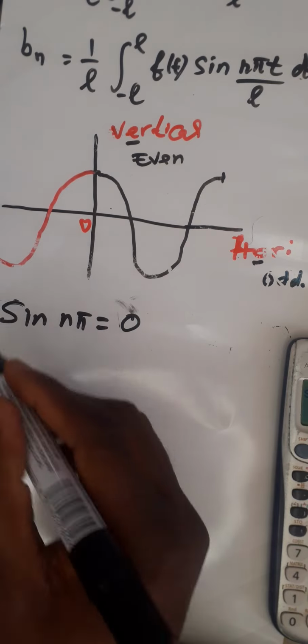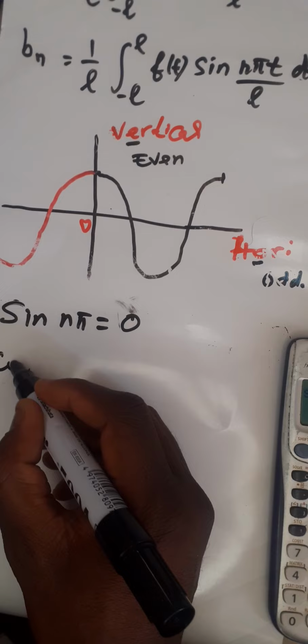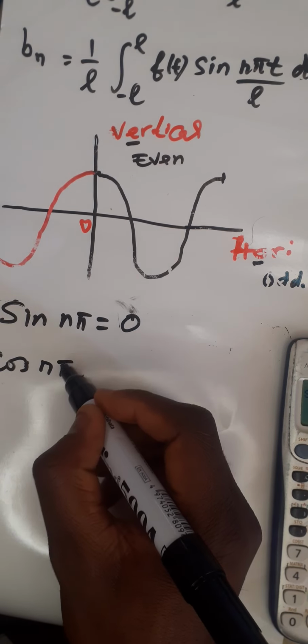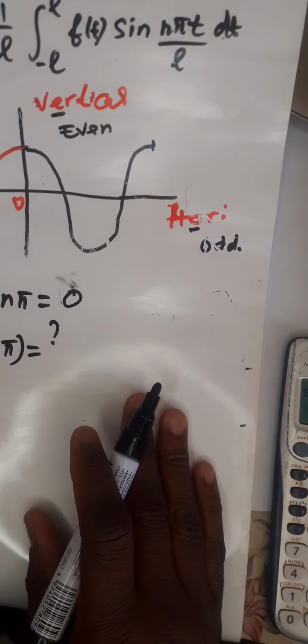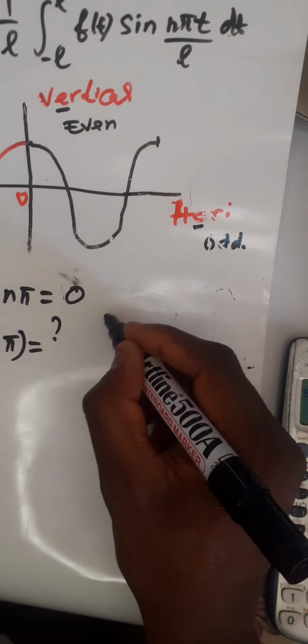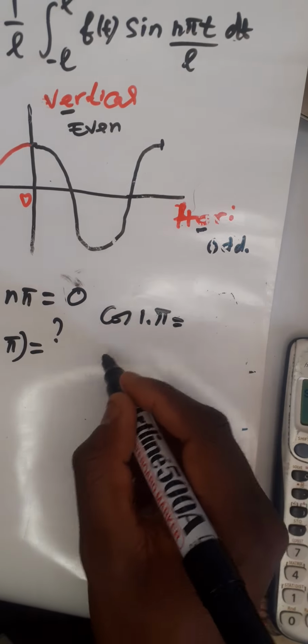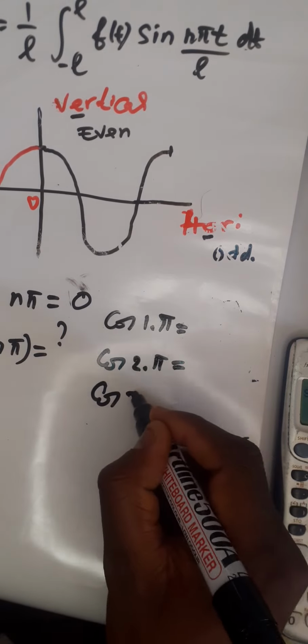Now this is number 1. Number 2: if you see cos of n pi, what is it going to give you? Here you have to do some study. Let's start with cos of pi, what does it give? Cos of 2 pi? Cos of 3 pi?